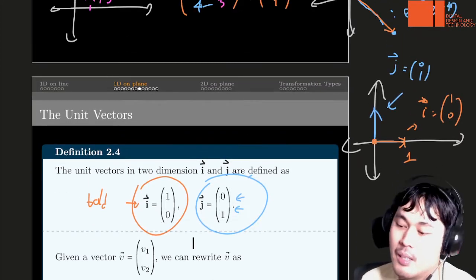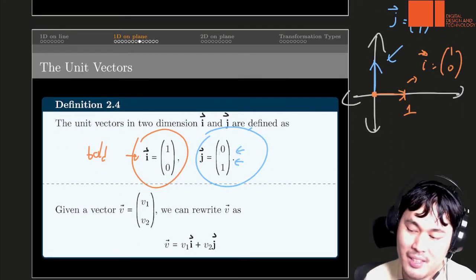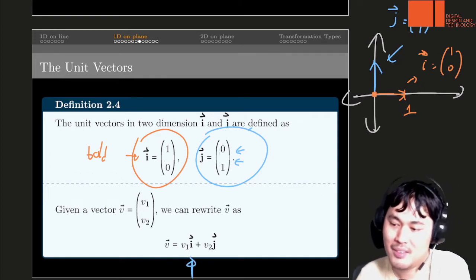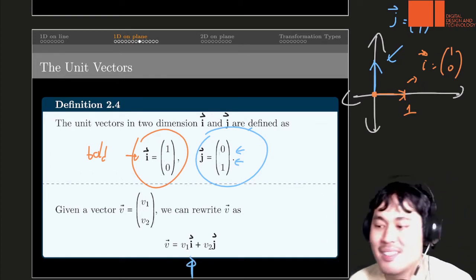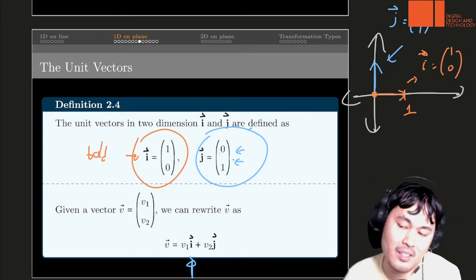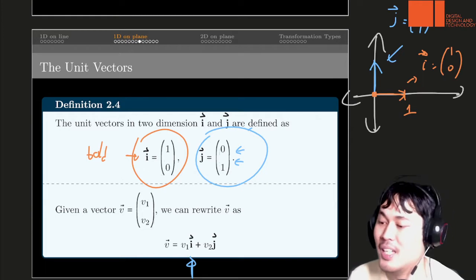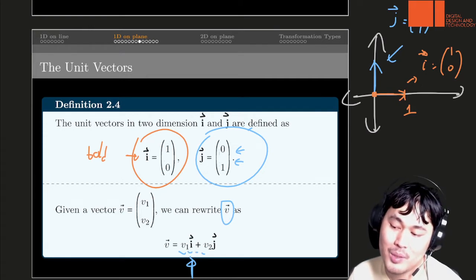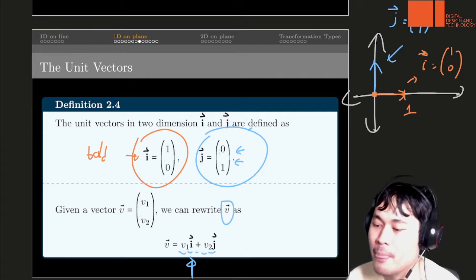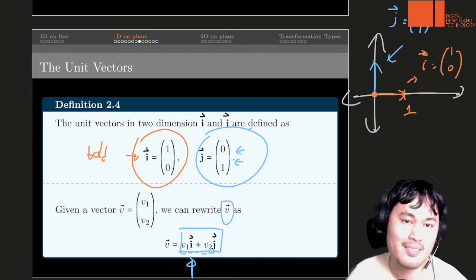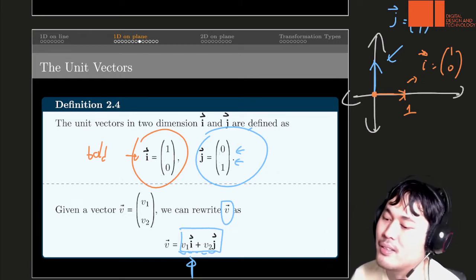And the interesting thing about this one, this is where the math part begins. If you are not too mathy, just use this for computation. Then you don't even need this. But just in case, sometimes we express v as v1 times vector i plus v2 times vector j. But this is actually describing the movement in words.